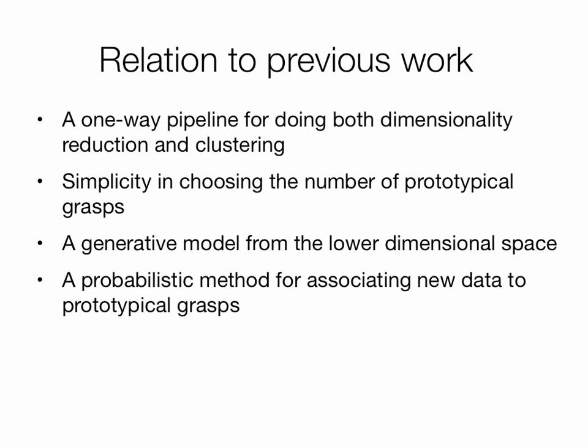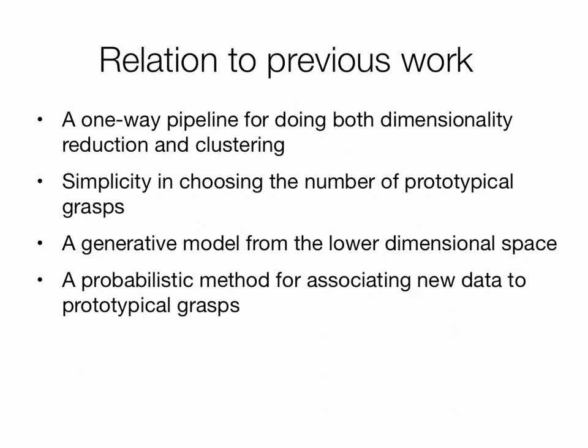And there's a simplicity here in choosing the number of prototypical grasps or the cluster centers or whatever you want to do with this method. And since this is a one process method, we can also iterate much quicker and understand the data much better. So instead of having to tune one or two methods to each other, and then you change one parameter in the other, the clustering part or the dimensionality reduction part, you can just focus on analyzing the data.